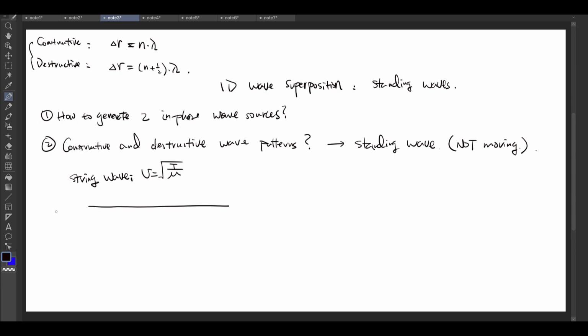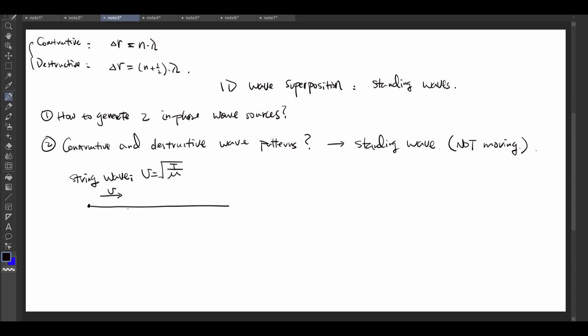Okay, so that's first, we understand that. So there can be a wave. So let's say we plug the string on one end, and then that will generate a wave to propagate in this direction. So let's say we do the source here, and then the wave propagates to the right.